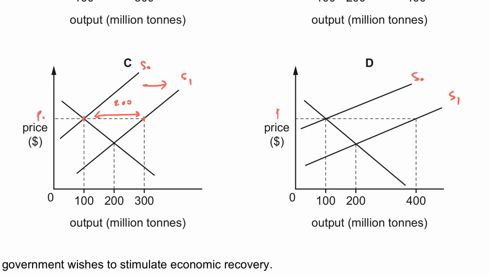But in this case, if my price was P naught, given D naught is my demand curve, then because of the subsidy and before the adjustment of the market, the gap is 400 minus 100, or 300. So if we're looking for an excess output of 200, the right answer for us would be C, where before the new price comes into place, there is an extra or surplus of 200.